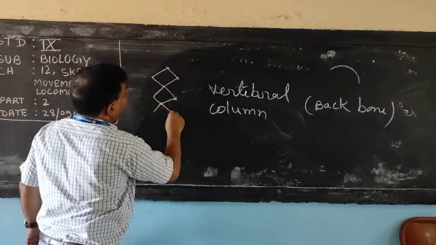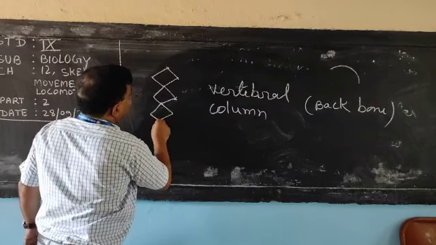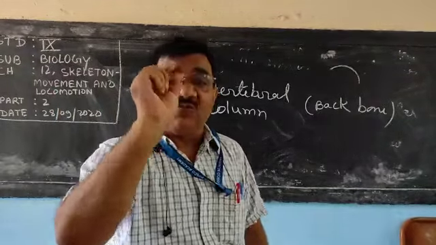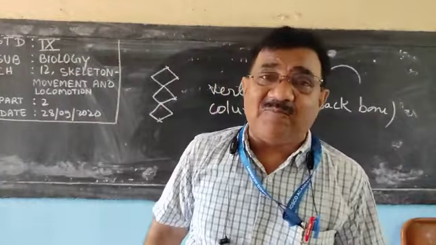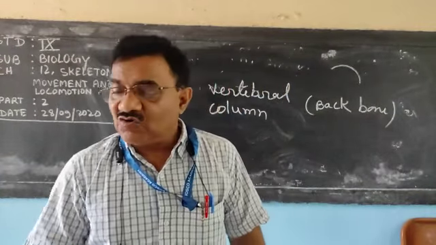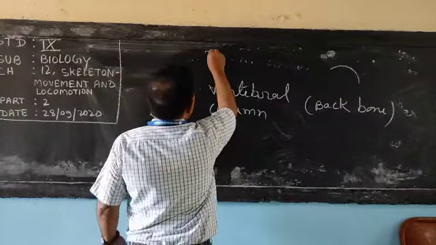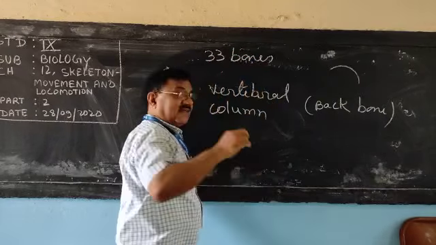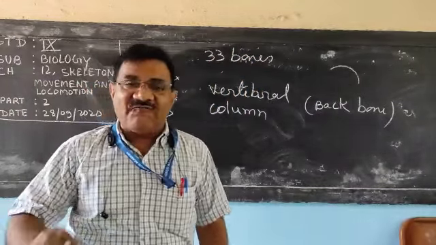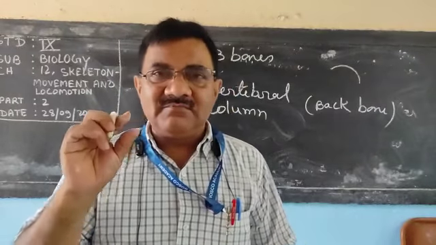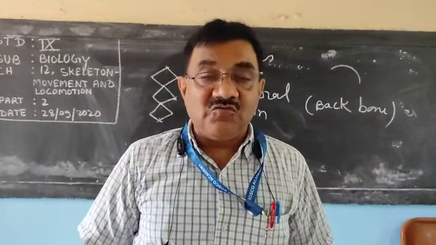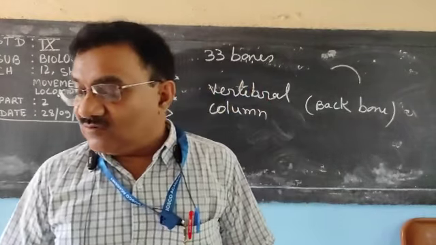Now a question arises. How many pieces of bones are joined in our backbone? Total 33 bones are there. Means 33 pieces of vertebral column are joined together to make our backbone.